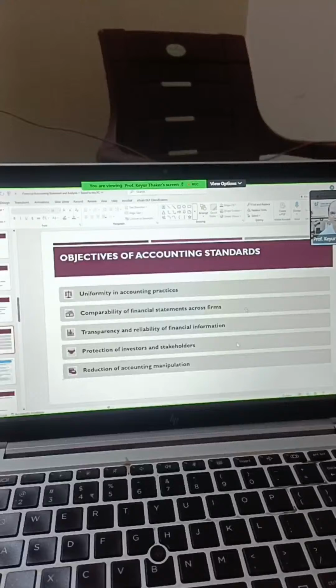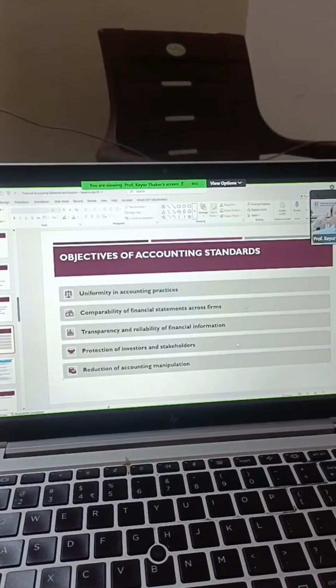Transparency and reliability of information. We must protect investor interest. So why are we preparing financial statements? Because in the company, investors have invested money apart from the owners of the company. Owners have invested, but investors have also invested. Shareholders like you and me have invested in a company. We invested money in L&T.